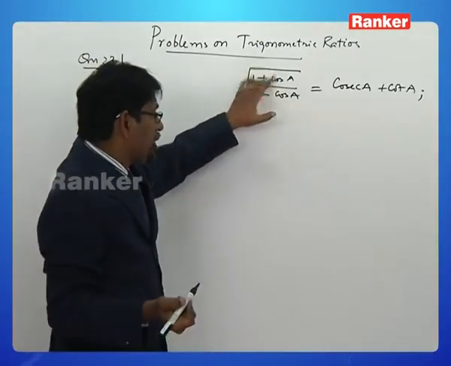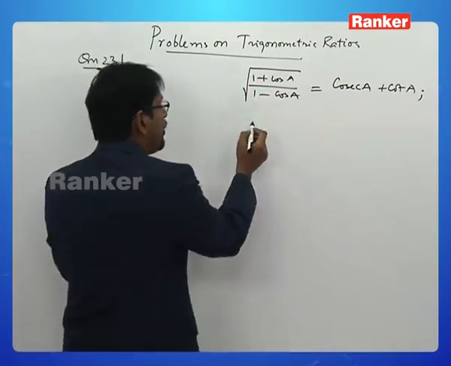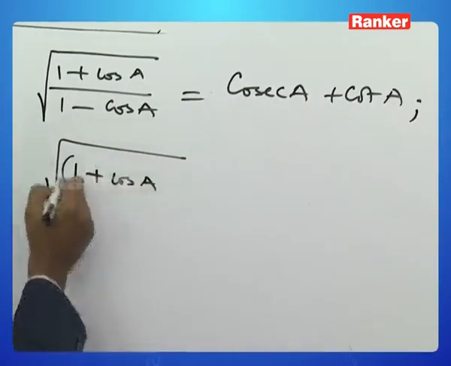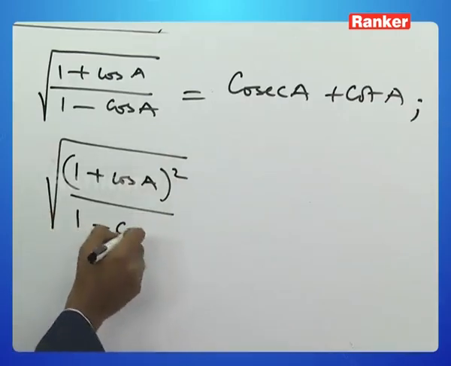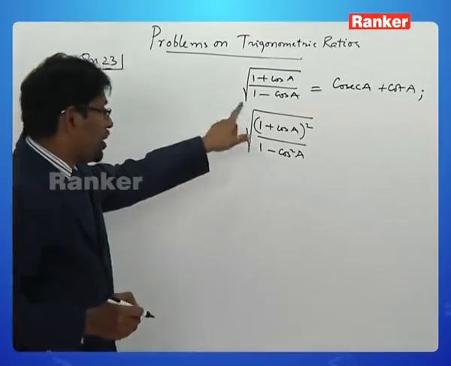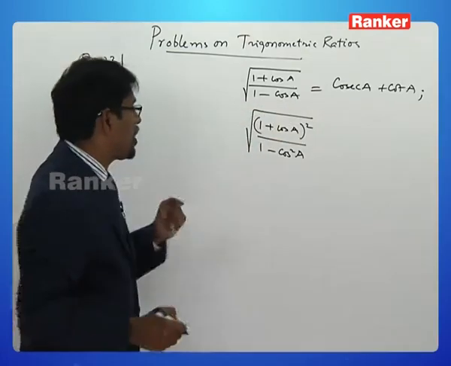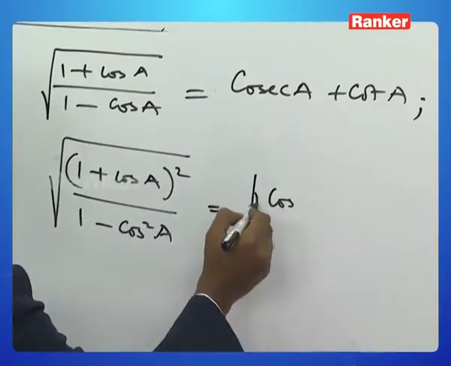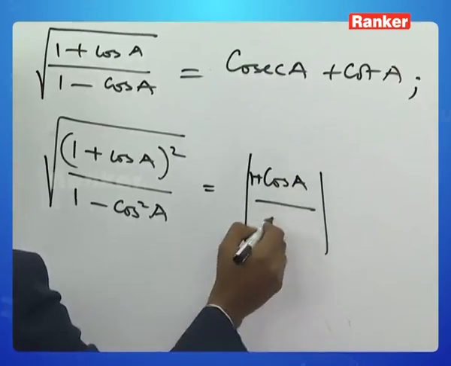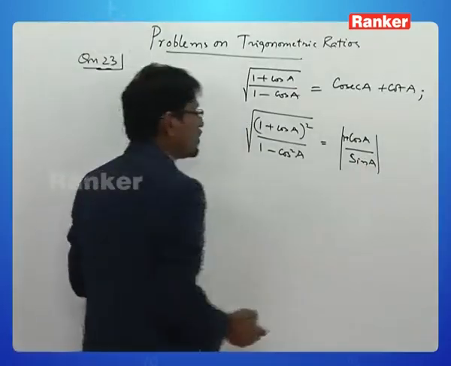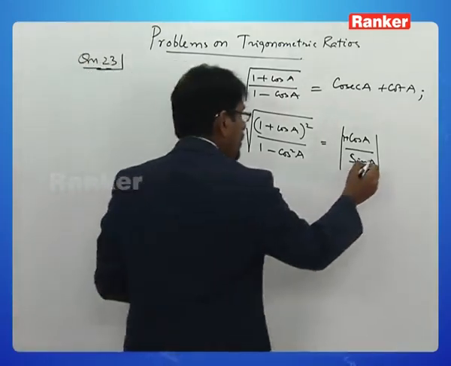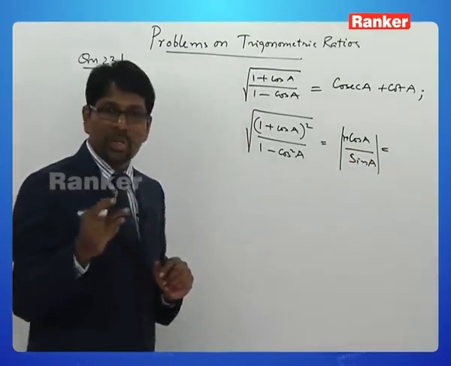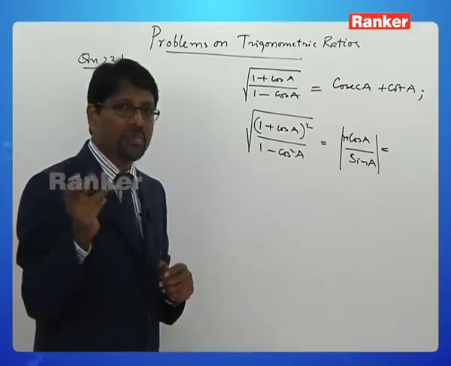Now, first we will get rid of the square root. What we will do is, we will multiply both numerator and denominator by 1 plus cos A. We will write in the denominator 1 minus cos square A, because when I am multiplying by 1 plus cos A, it becomes 1 minus cos square A. And here, it is clearly mod of 1 plus cos A by sin A. Now 1 plus cos A is always non-negative, because cos A lies between minus 1 and 1.